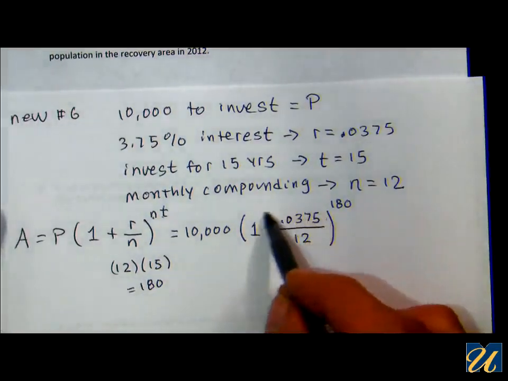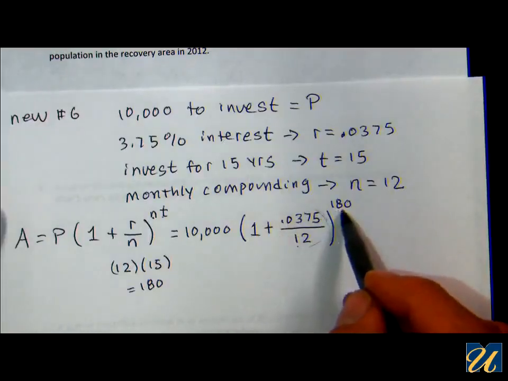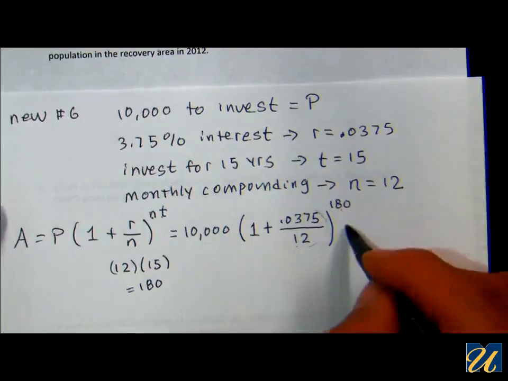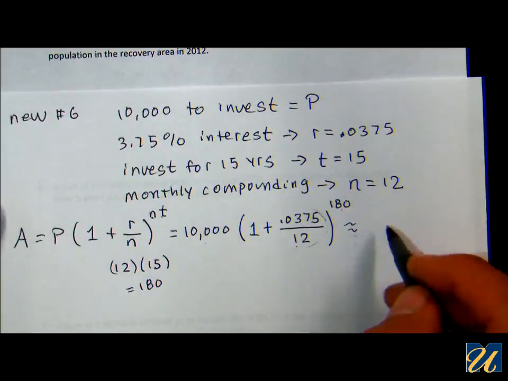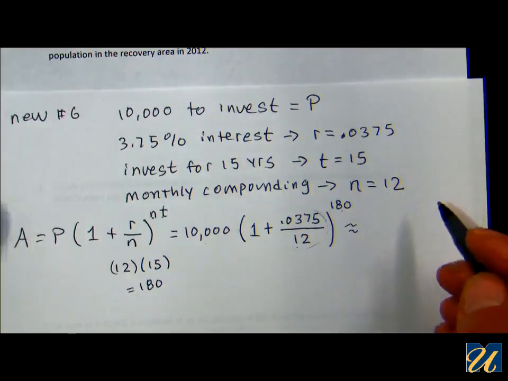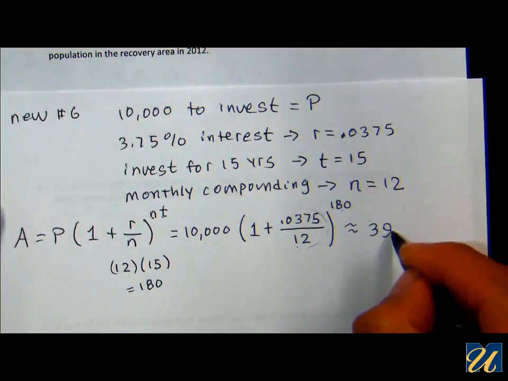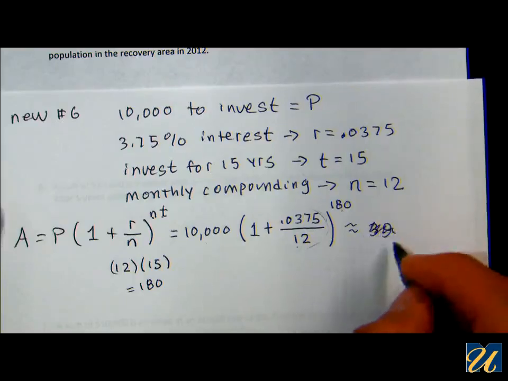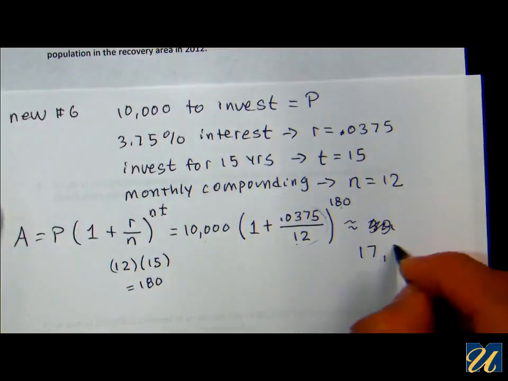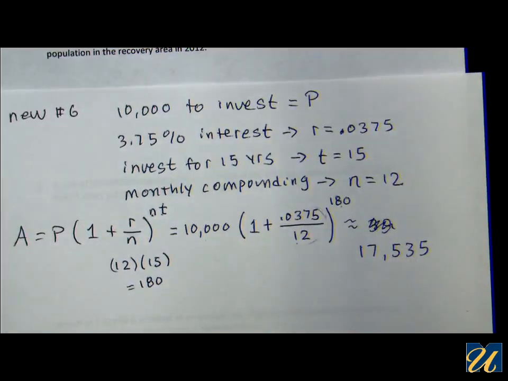Now, I suggest evaluating this first, raising that to the power of 180, and then multiplying finally by 10,000, and you will find approximately 17,535. Approximately that amount of money we will have after a time of 15 years.